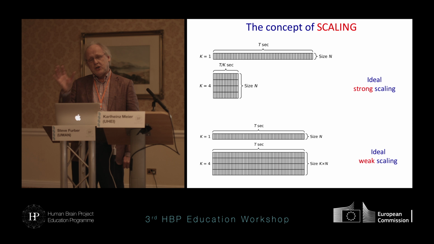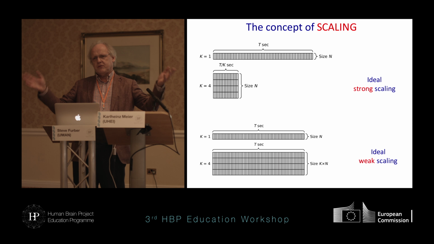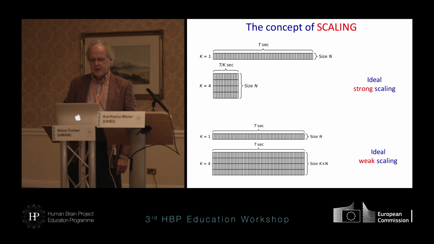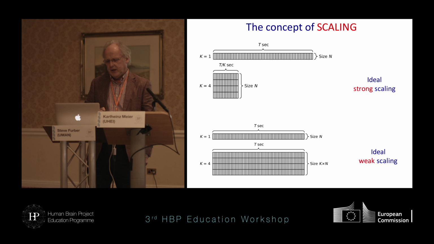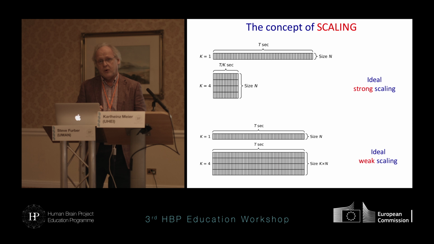And for many jobs, even weak scaling is hard to achieve, unless each of those k threads is completely independent. So if you have k different jobs you want to run, you can run them on k different computers, then they will run in the same time as a single job, and you can achieve weak scaling. But any single problem where there's interaction between the different components, even weak scaling is in general quite hard to achieve.